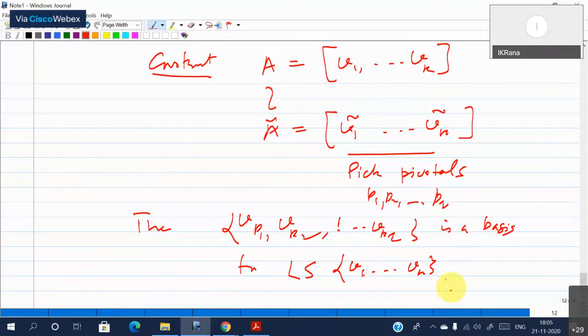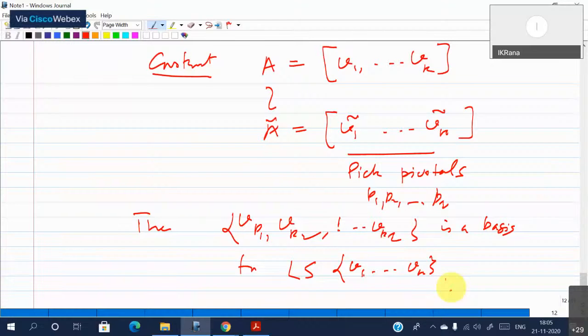If n is the number of columns and r is the rank, the row rank is the same as the column rank. So the rank r plus the nullity, the dimension of the null space, is equal to n, right? That also has been proved.